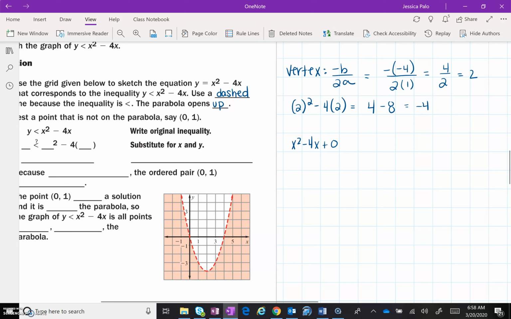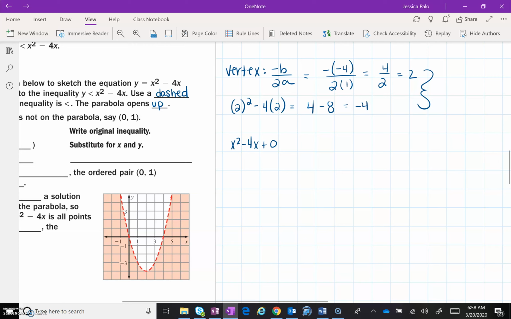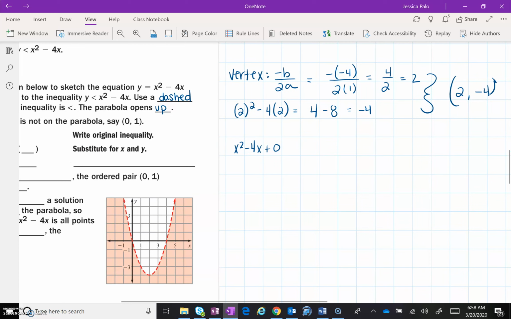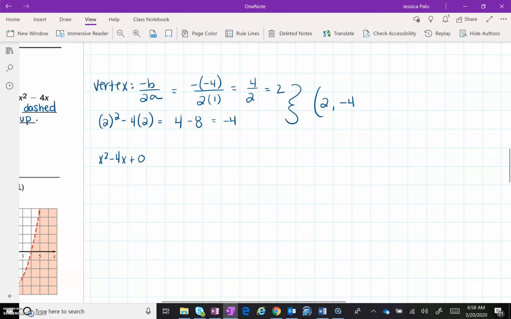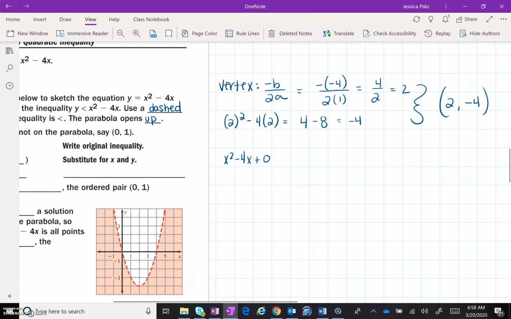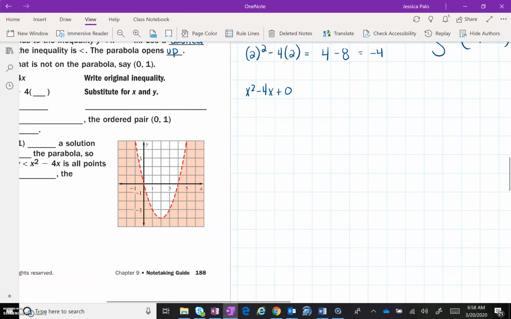So what is your vertex? Your vertex is 2, negative 4. And if you look at the parabola, that is already finished for you, you can see that we are correct. 2, negative 4. There is your vertex right there.